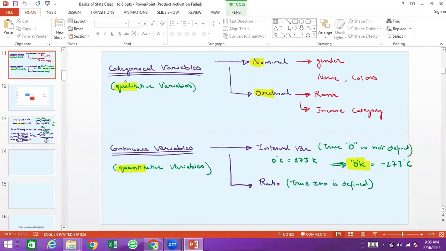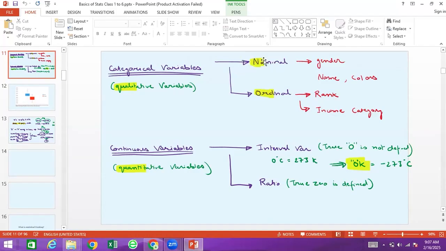Categorical variables are also called qualitative variables because they tell us the quality of something. And continuous variables are also called quantitative variables because they tell us the quantity of something, like how much of something. Now, in categorical variables, we have mainly two types, nominal and ordinal.